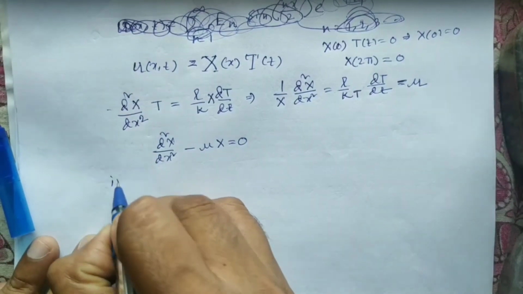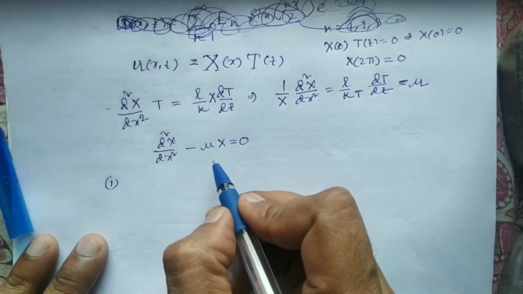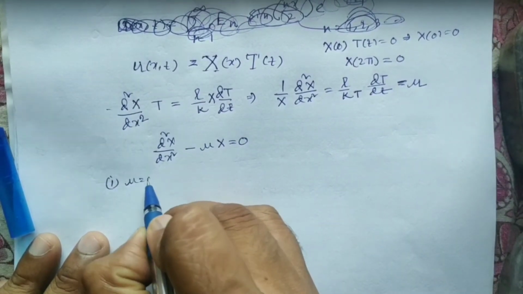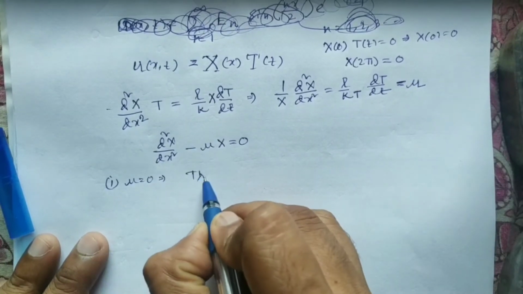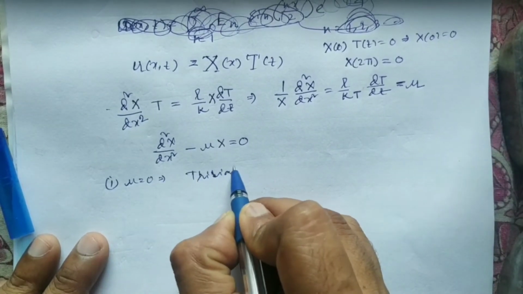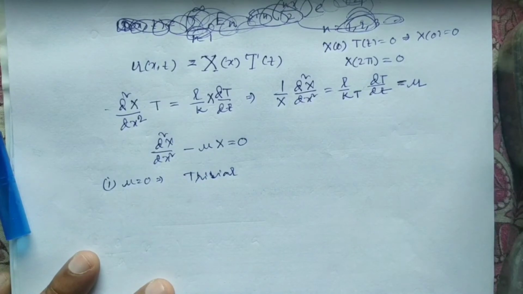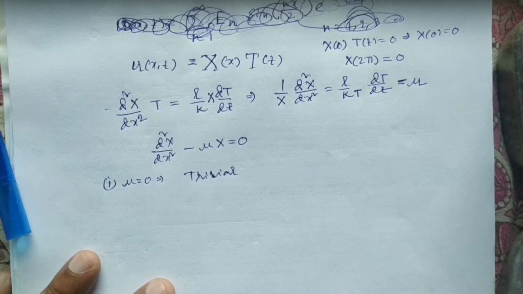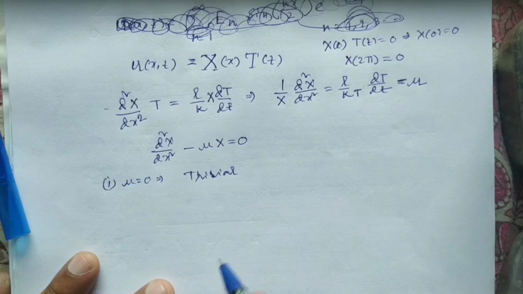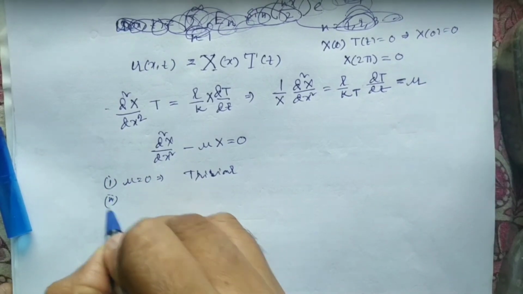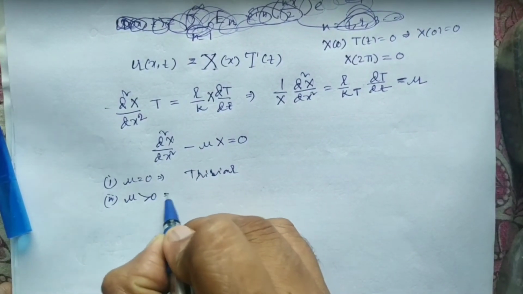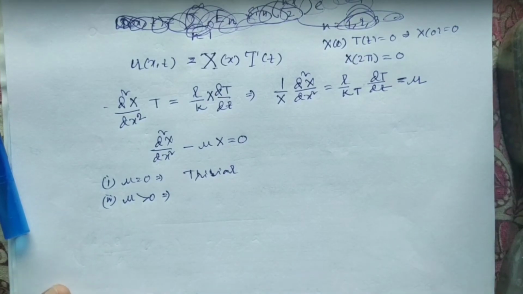We know that if we take case 1, that mu is equal to 0, then your solution is trivial. Why trivial? Because if you solve that, you have X(x) equal to mx plus c, say, and by the conditions given, this will turn out to be 0. Second condition, mu greater than 0, this also gives you a trivial solution.